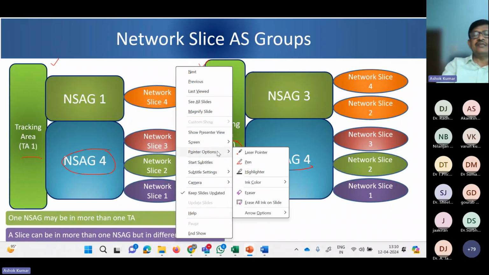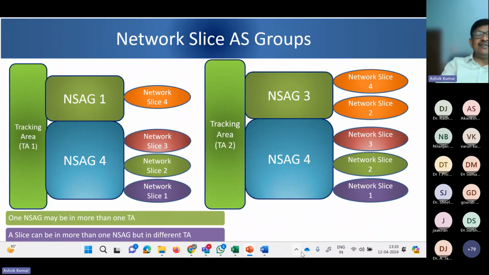What I'm saying is that if you see the slices, suppose slice 1 is in this group, it cannot be in this group in the same TA. Within the TA, one slice is unique to one group. But if you go to another TA, slice 1 can be in another group. For example, slice 2 is now in group 3 here, not in group 4. Is it clear?